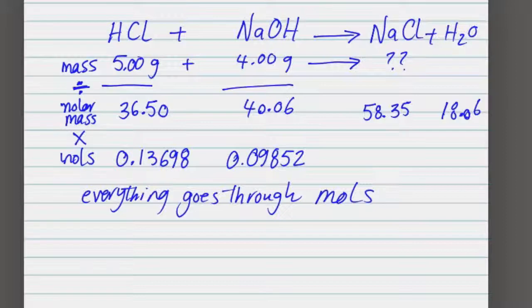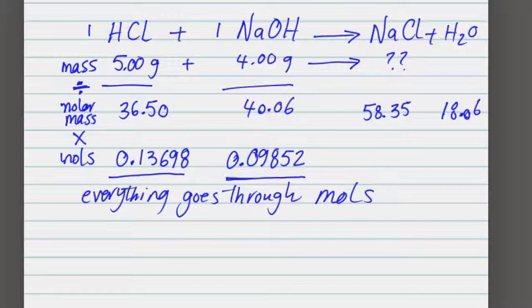So here we're clear, since the ratio is 1 to 1, then we're clear that the NaOH has less moles, because it's 0.09, less moles than the hydrochloric acid. Therefore, NaOH is the limiting reactant, and hydrochloric acid is in a little bit in excess.